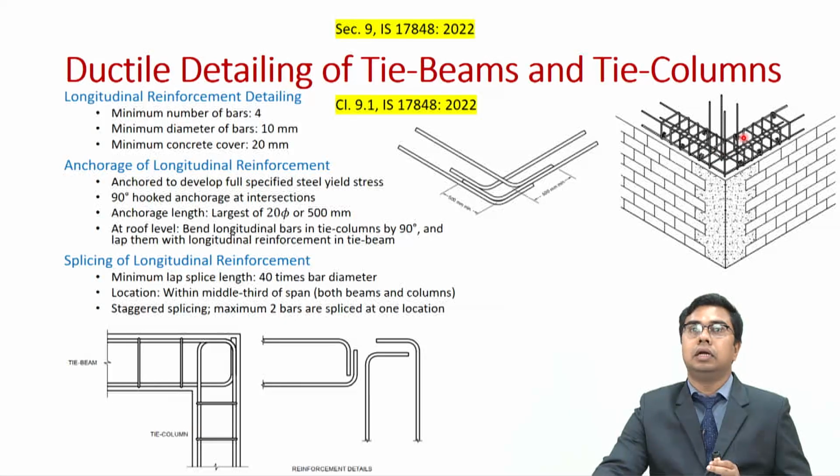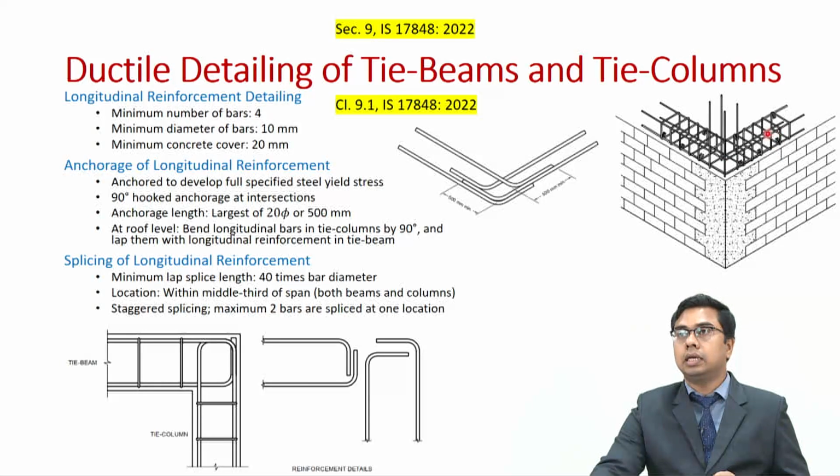So, the longitudinal reinforcement in case of tie beams or tie columns shall comprise a minimum of 4 numbers of bars. Typically you will find that these tie beams or tie columns have dimensions of 150 mm by 150 mm or 150 mm by the wall thickness and so on.